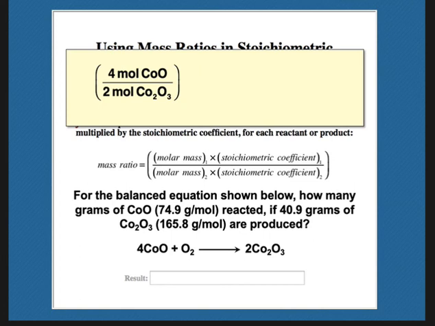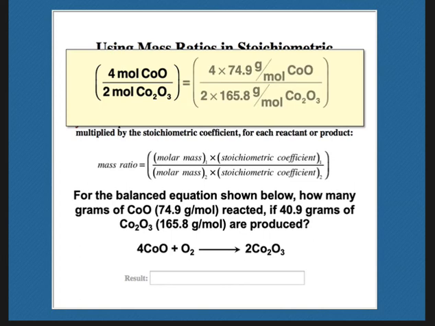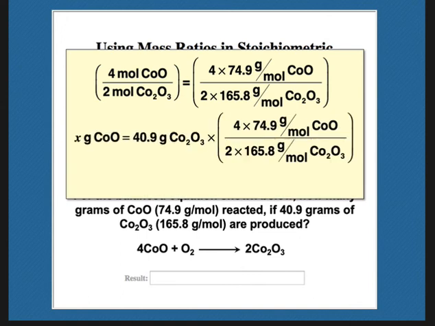Every cobalt 3 weighs 166. If we simply multiply this out, we would get our mass ratio. Algebraically, you really don't have to multiply it out. You can simply take this ratio as it is, multiply it by our given. The math is a little more cumbersome, but it's a nice shortcut.